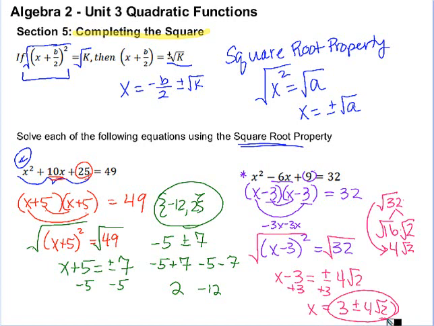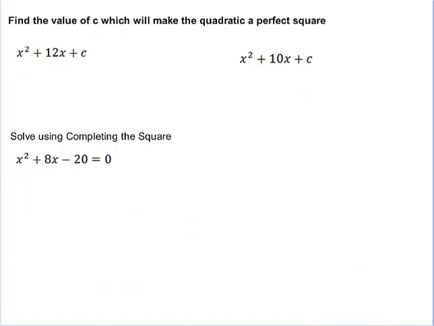Now, not all quadratics are going to be set up nicely like these two were, where they were perfect squares. So sometimes we're going to have to create that ourselves. So that's what we're going to do next, is we're going to find the value of c that we can add on that will make this quadratic a perfect square. So here we have x squared plus 12x plus c.